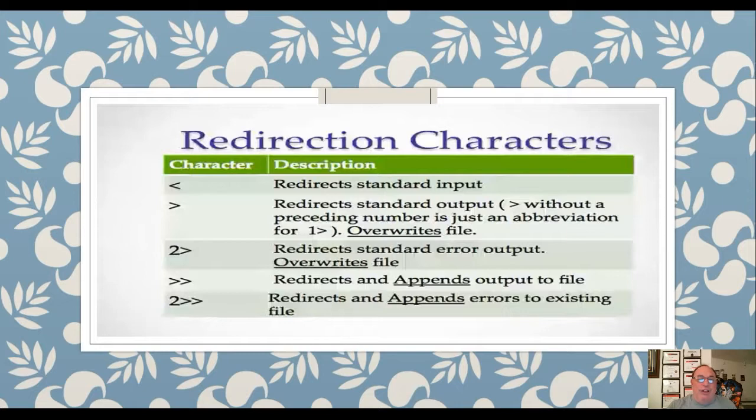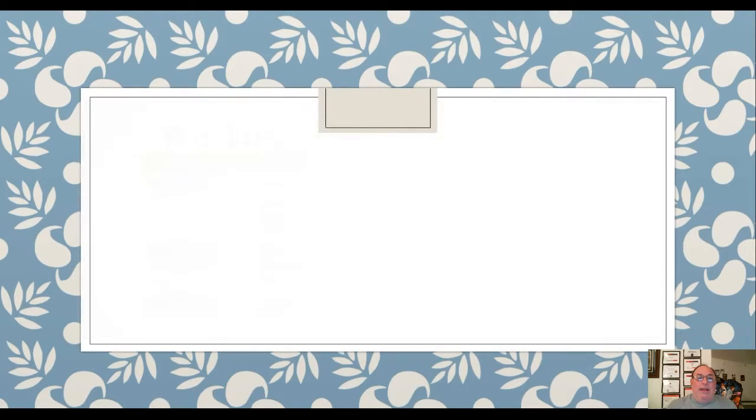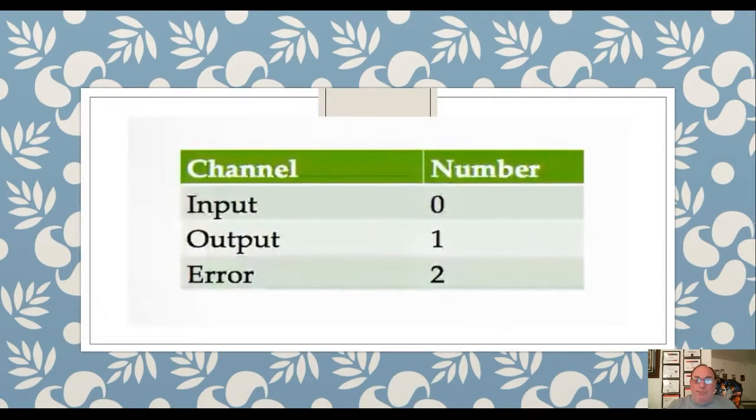The same thing with the double arrows, and that appends either way, either the input or the output or the errors. Getting into the channels: input is channel 0, output is channel 1, and error is channel 2. So to sum it up, you have 0 for the input, 1 for the output, 2 for the error.